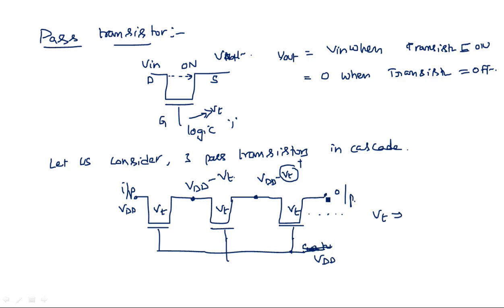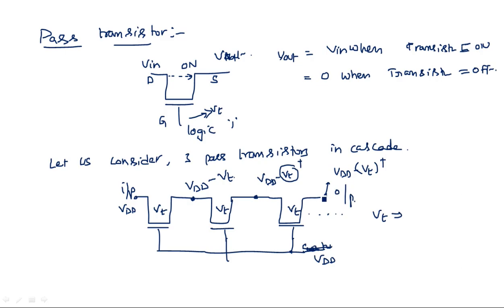But when you go for the third, we can say VDD minus VT again plus the previous ones. So if you are taking 3 pass transistors with a common threshold voltage VT, we can say VDD minus 3 into VT. Suppose 10 pass transistors are there, then the output is VDD minus VT for n number of times, or 10 times.